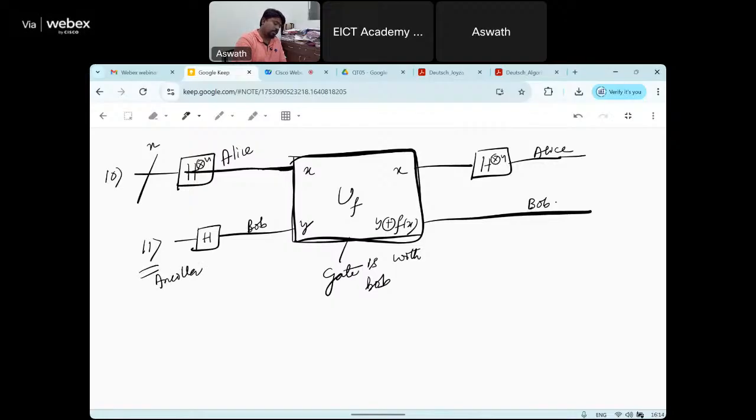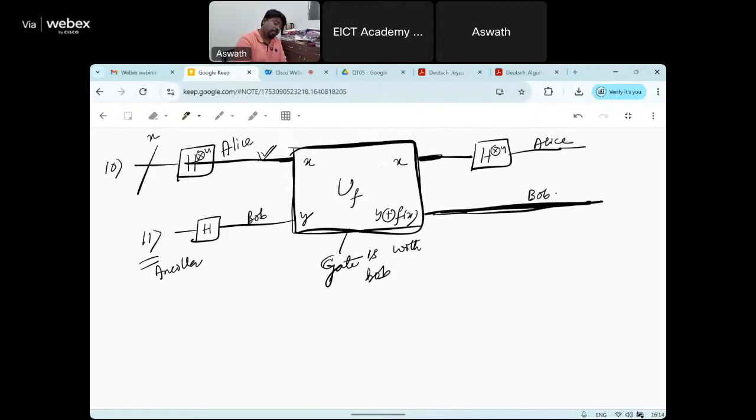He takes this input information and feeds it to the gate he has with him, and he will get this output. From the gate he sends the output to Alice. He may keep this ancilla information with him, it doesn't bother, or he can send his information along with the ancilla to Alice.